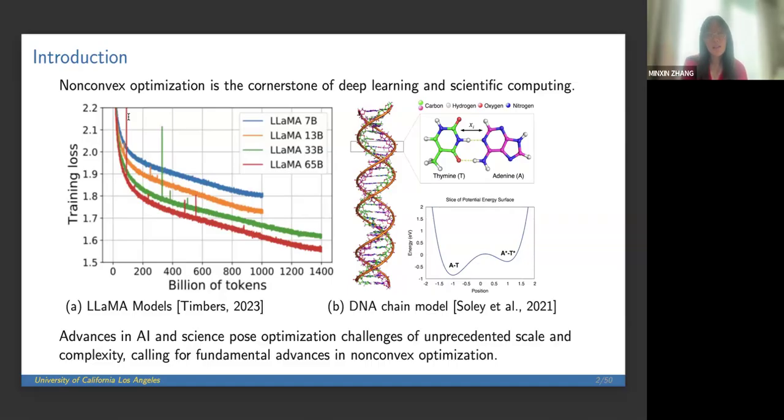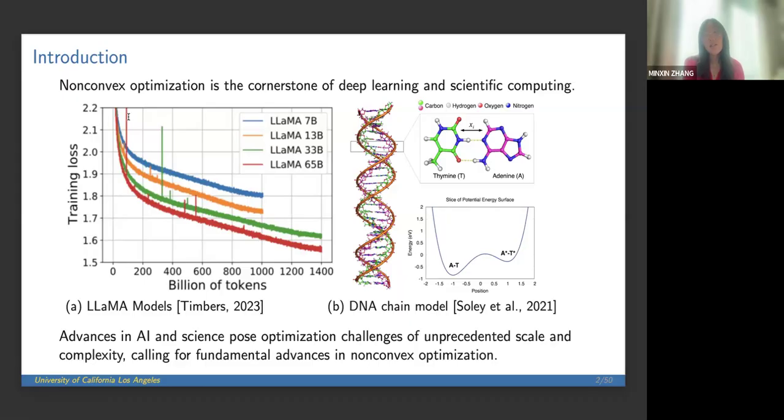So in many scientific research in biology or chemistry, a very important problem is how to do the minimization of the energy configuration on this DNA chain model. Even in a very abstract and simple case, say if you consider 15 AT pairs on that DNA chain, and each AT pair has its own energy function.